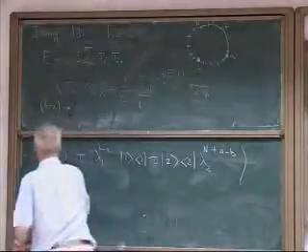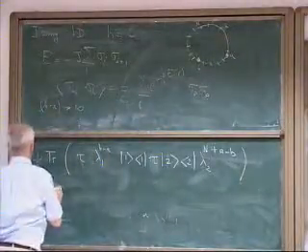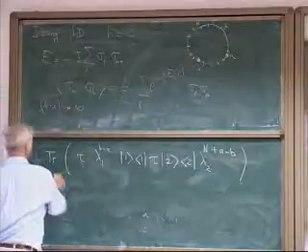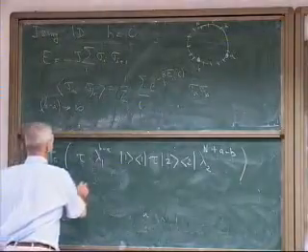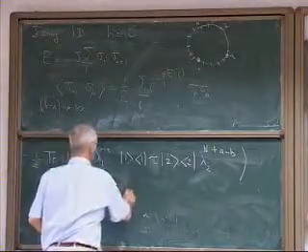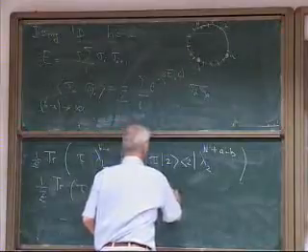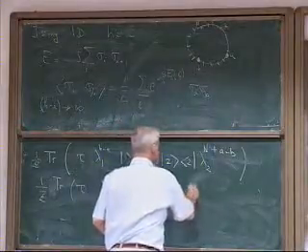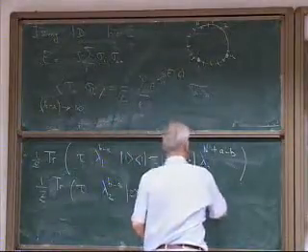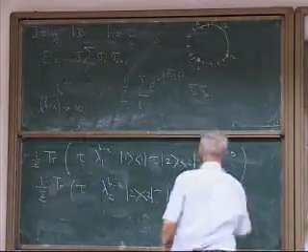But I had another choice, in which I took 2 here. Then, because I have a tau, I should take 1 here. And then 1.